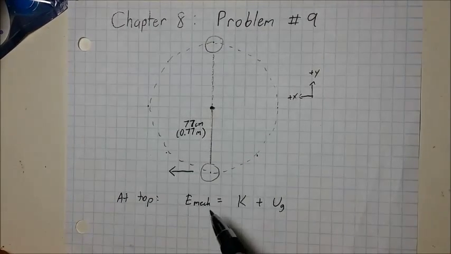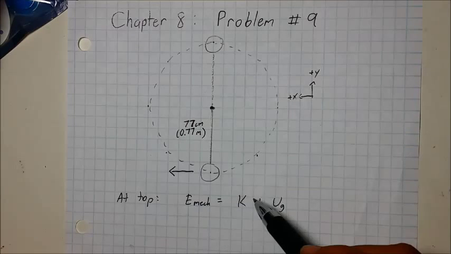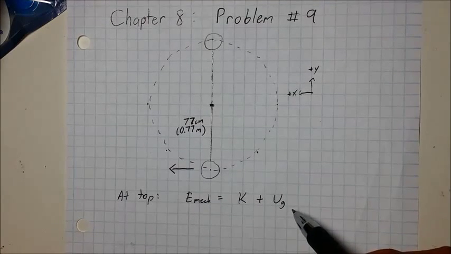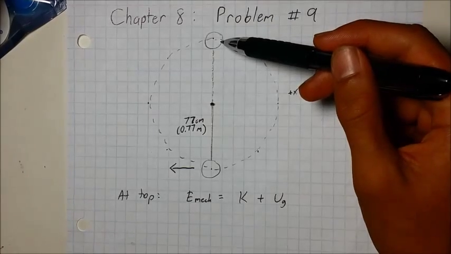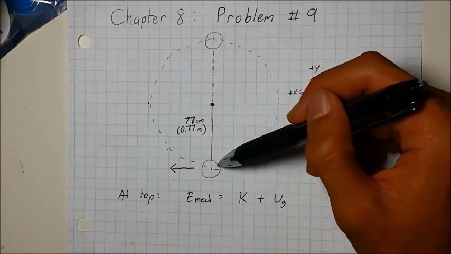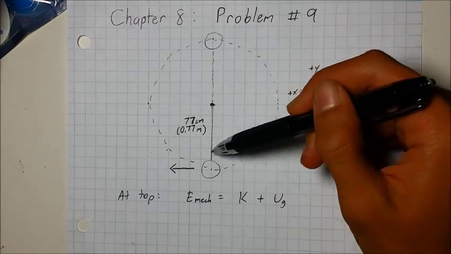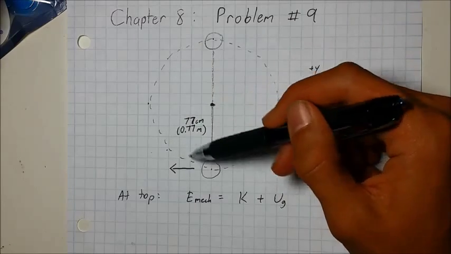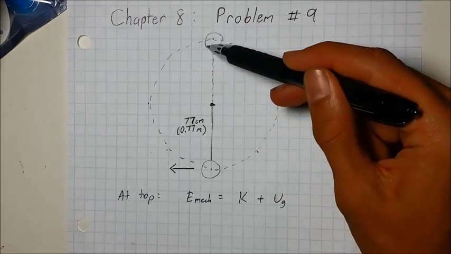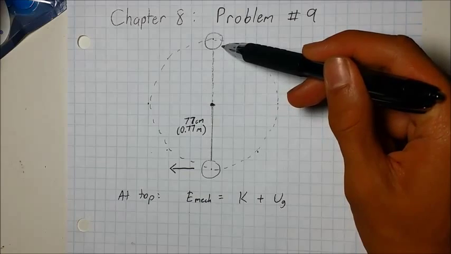So the mechanical energy is equal to the kinetic energy plus the potential energy. At the top, assuming we hit at the minimum speed, it will actually slow down as it goes up and will essentially reach zero kinetic energy.